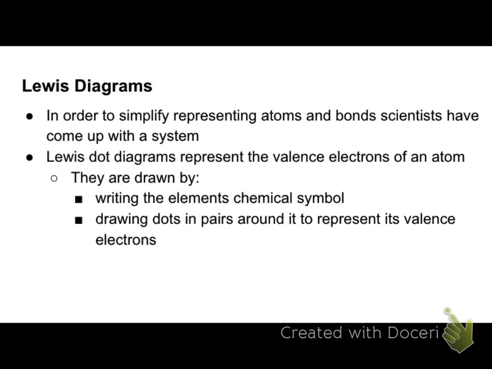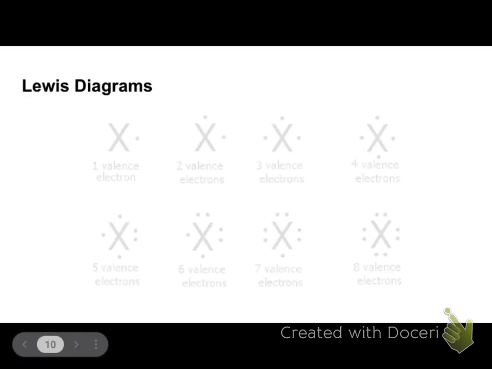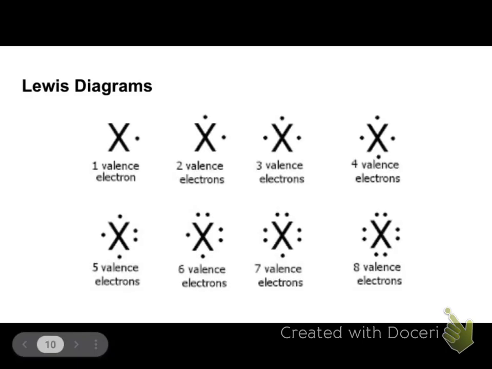There's a nice diagram on your notes already that shows you what that looks like. So I'm going to move forward to it, and then I can come back to this page if you still need it, okay? But the Lewis dot diagrams look like this. So the X is representing the chemical symbol, and then the dots show how many valence electrons. So if it only has 1, it's a dot to the right of the atom.